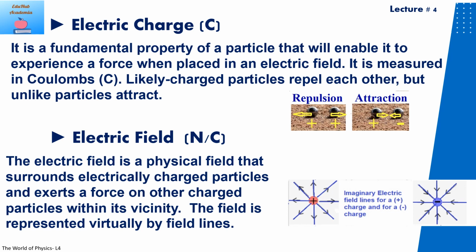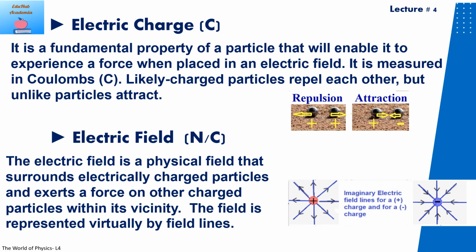When positive charges and negative charges are equal, we say the particle is neutral. Now, like charged particles repel, positive repels positive, negative repels negative, but unlike particles attract, like positive and negative.